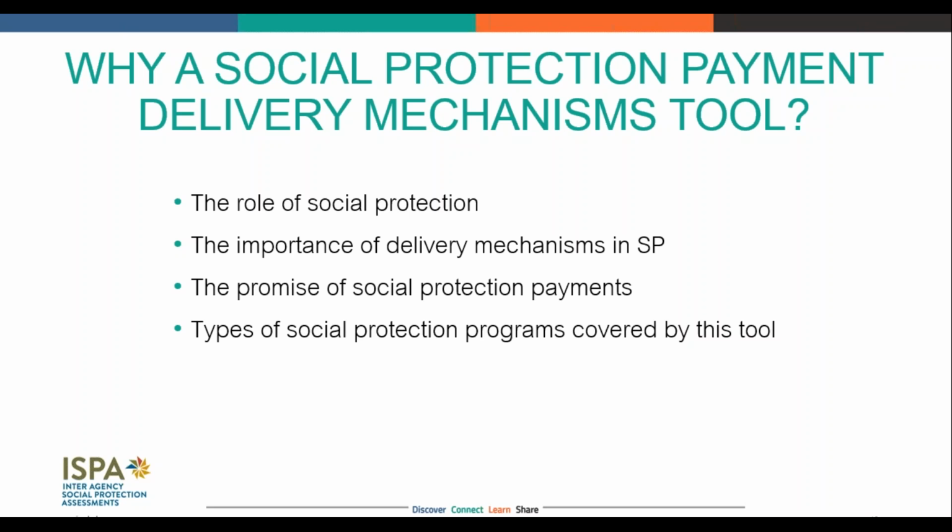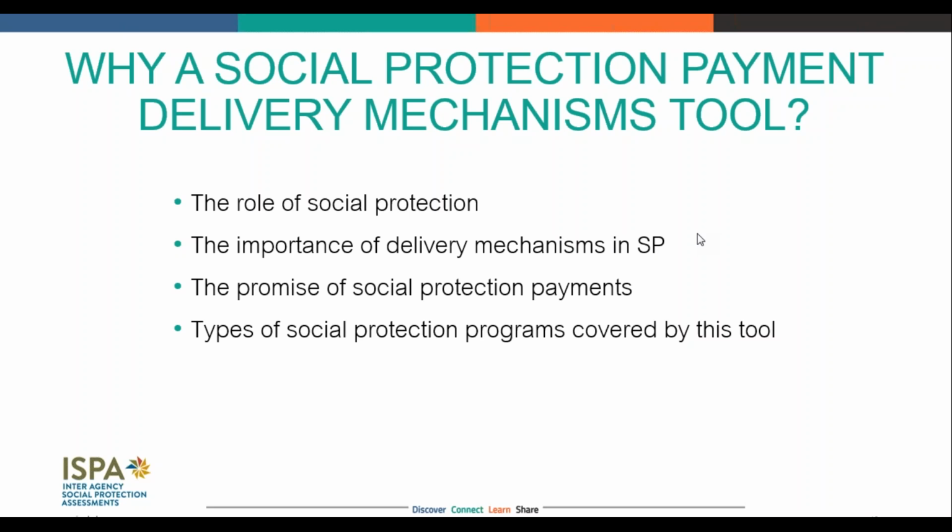In the design of the tool, we have focused mainly on social assistance programs, so non-contributory transfers, cash and near cash, and within that we have focused more closely on government-to-persons types of transfers and payments.